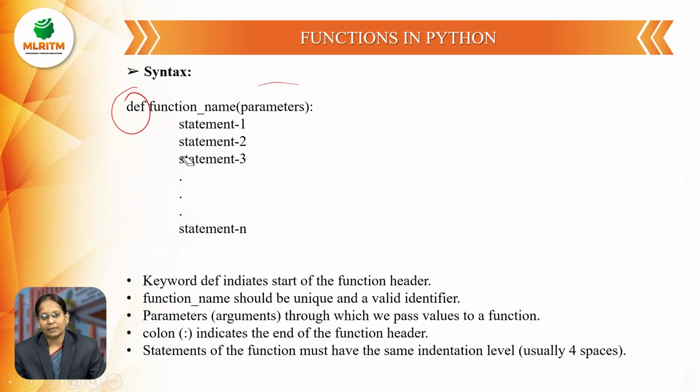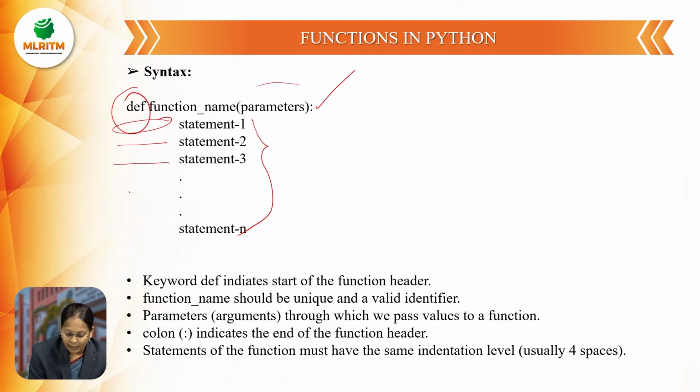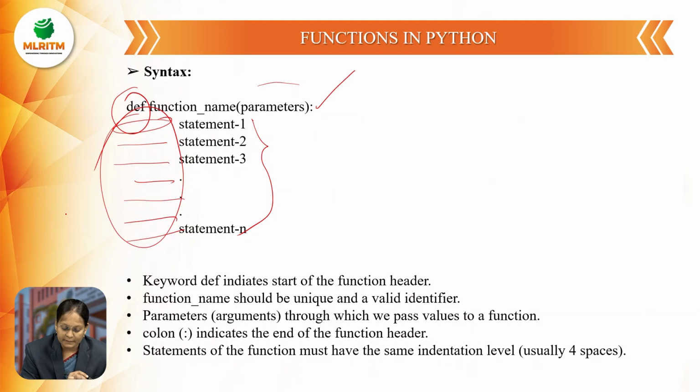After defining a function, that is just like a header. After that, we write some set of statements for a particular task: statement 1, statement 2, up to statement n, to complete the particular task. For writing these statements, we maintain an exact gap, which is called indentation.